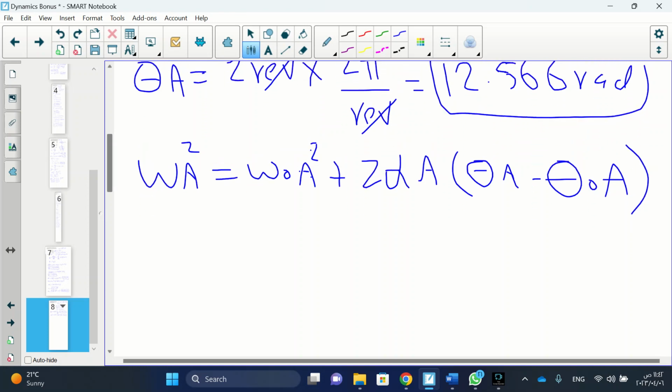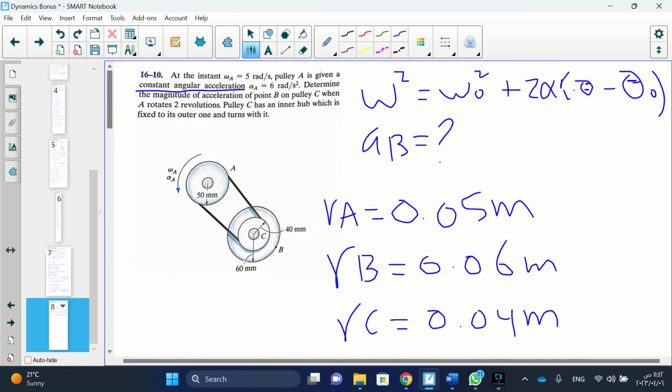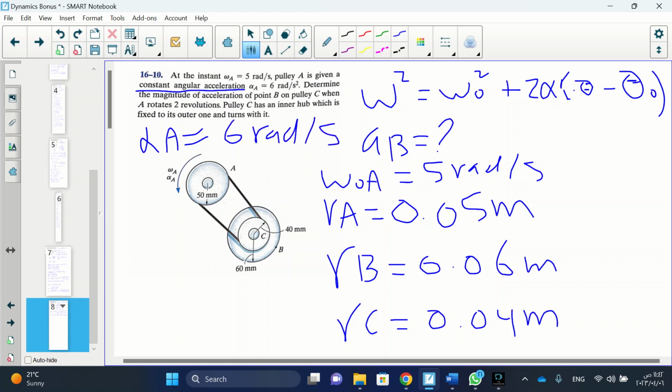We know omega naught A is equal to 5 rad per second, and we know also alpha A is equal to 6 rad per second squared.